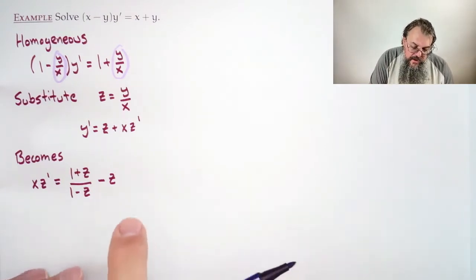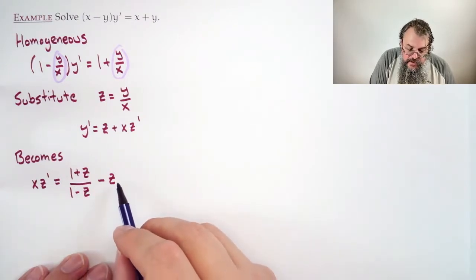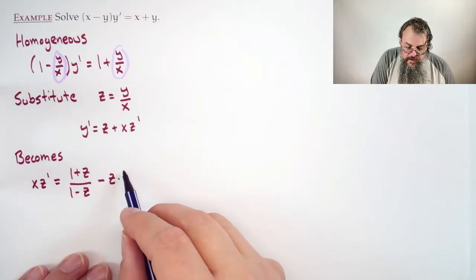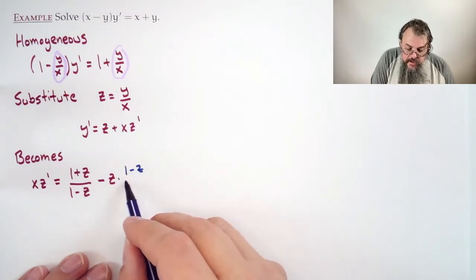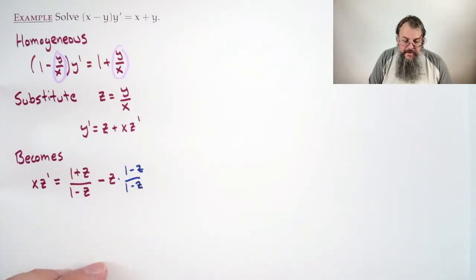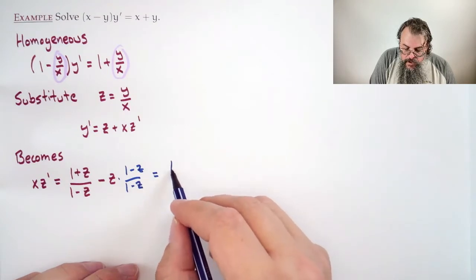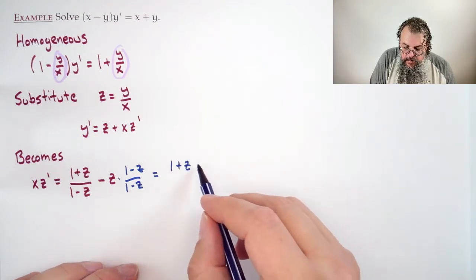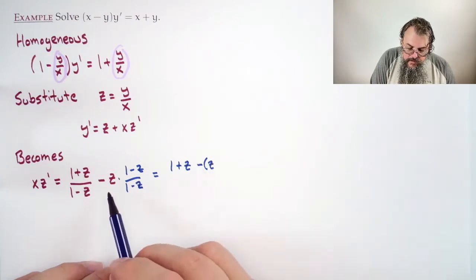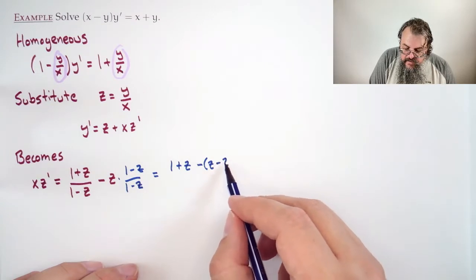Well, here we have some terms being combined. So what we'll do is we'll combine them. So we want to get a common denominator. So we'll think about timesing the second term by 1 minus z over 1 minus z. So if we did that, we'd have 1 plus z minus z, so z and minus z squared.